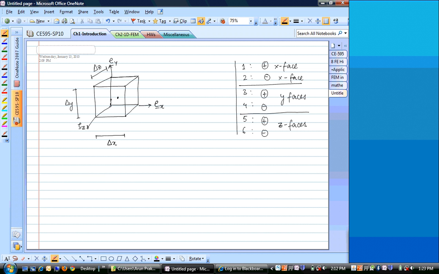So now I'm going to count on some background of solid mechanics that you might have had.